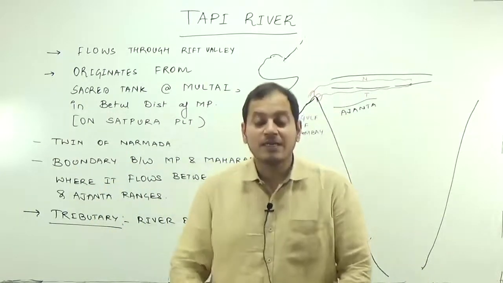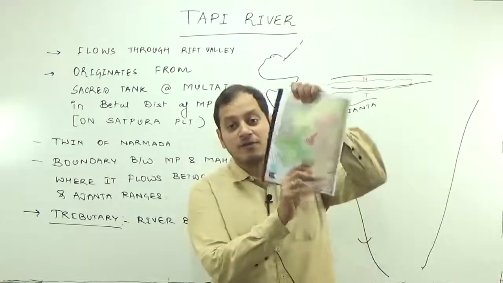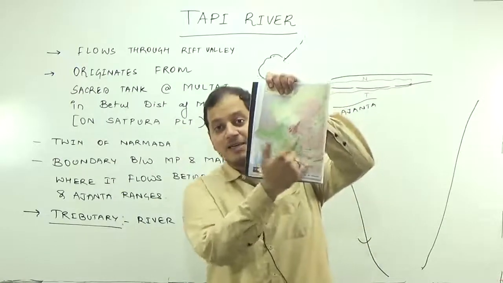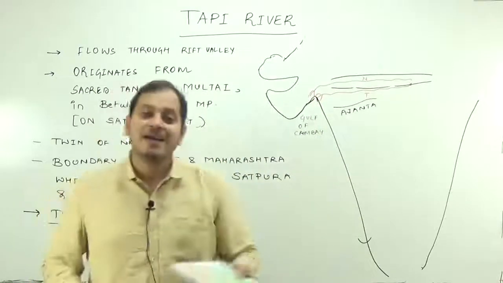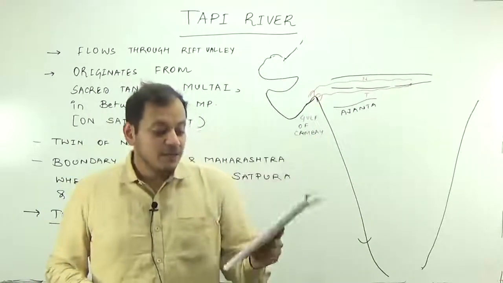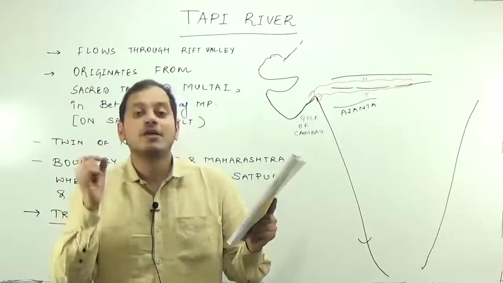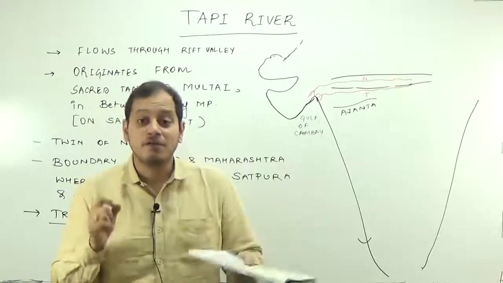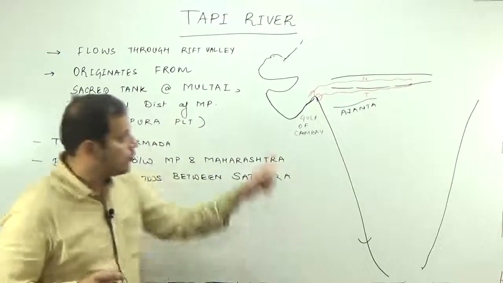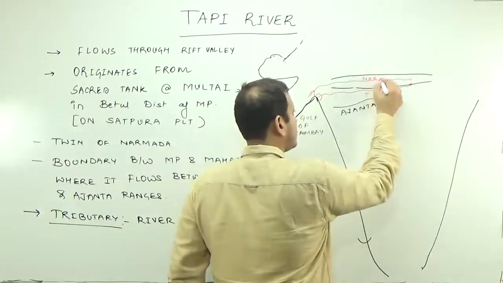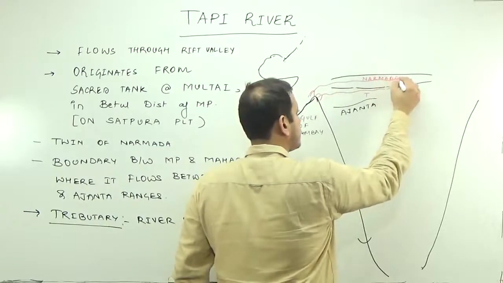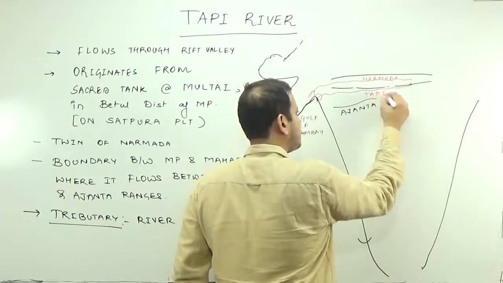Now open your atlas and see this part of India, the Gulf of Kutch and the Gulf of Cambay region. Tell me which rivers drain into the Gulf of Khambat or Gulf of Cambay. We know one river is Narmada, the other is Tapi.